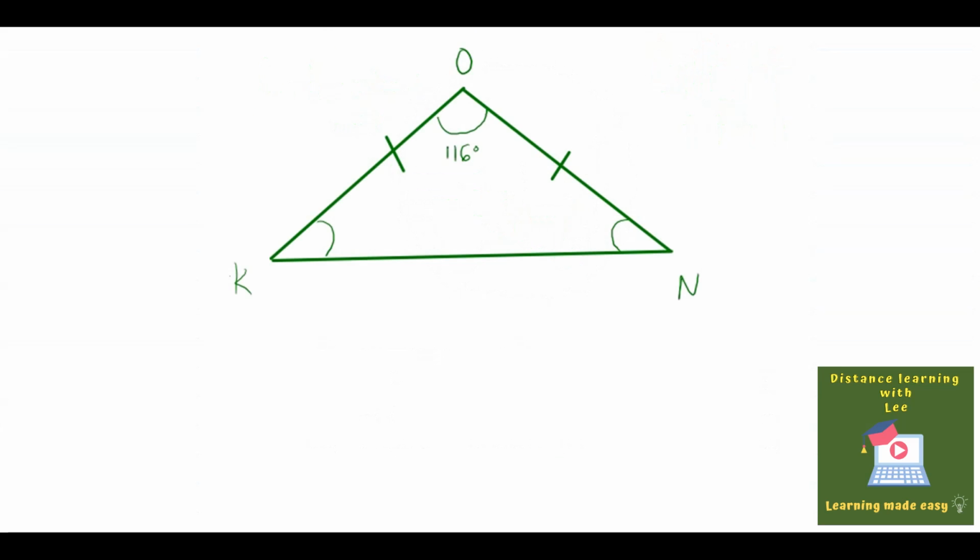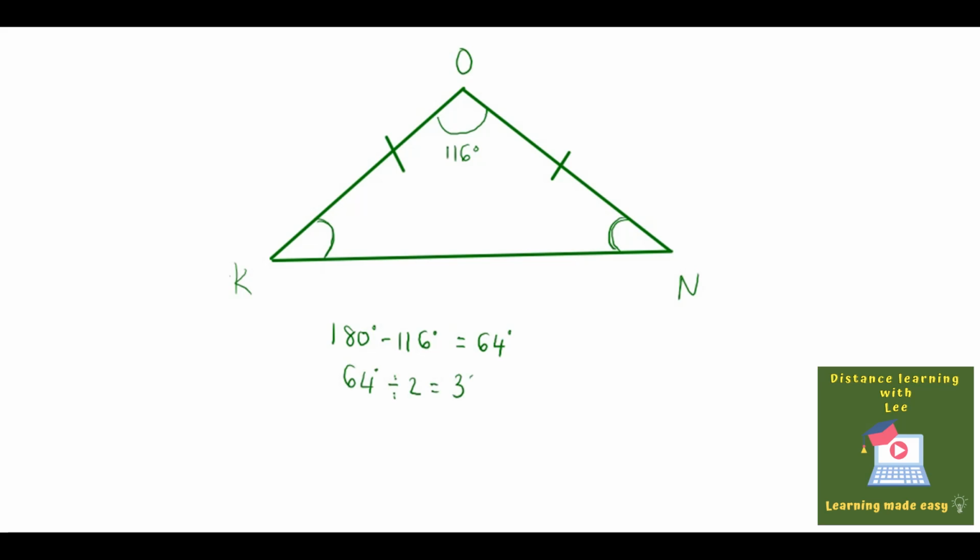Okay, since we already know that these angles are equal, what we can do is we can say that 180 degrees minus 116 degrees is equal to 64, right? And since we know that these angles are equal, if we take that 64 degrees and we divide it by 2, we'll get the angles for K2 as well as N.